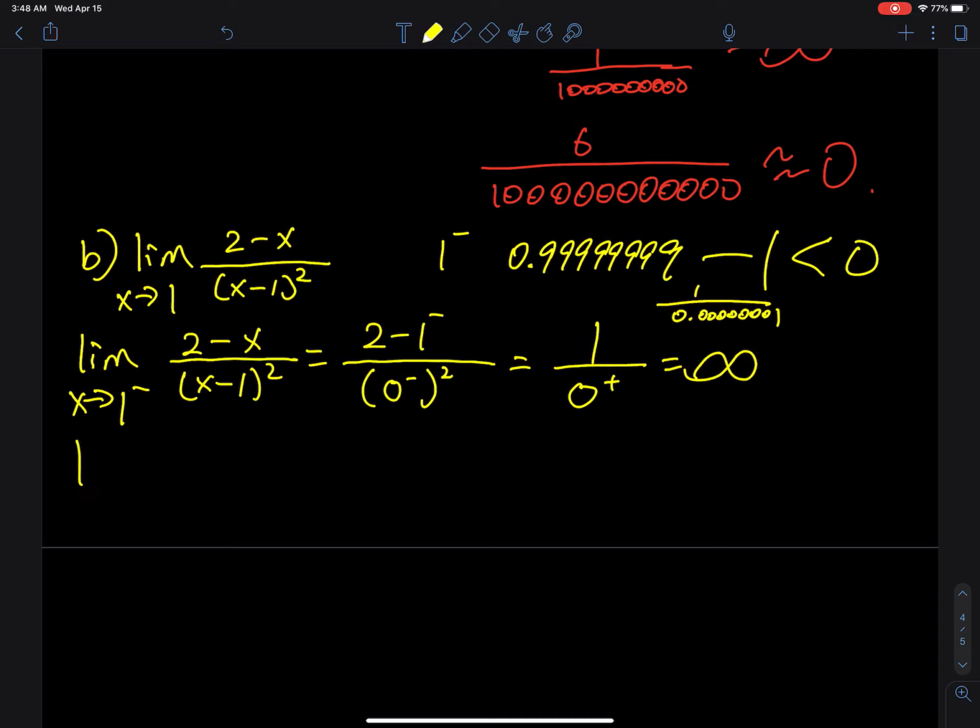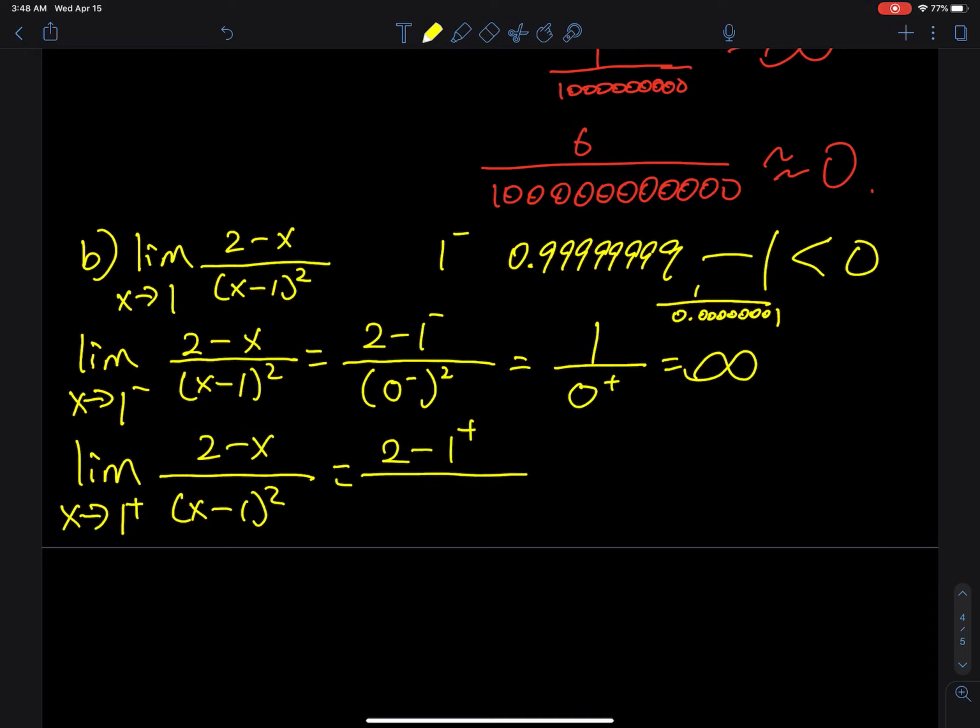Alright, let's do x approaches 1 from the right, (2 minus x) divided by (x minus 1) squared. Trust me, this is more than just a plug-in, right? You have 2 minus 1 plus, and then something a little bit greater than 1, like 1.001, minus 1. You have something a little bit greater than 0, right?